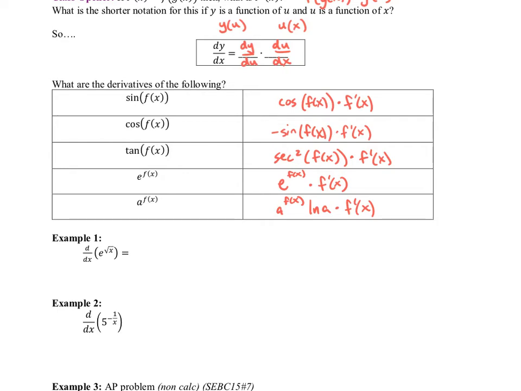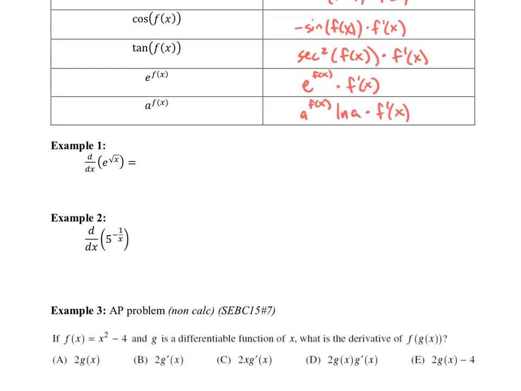Okay, so let's try example 1, where we have one of these common 5 that we've talked about so far in the previous 3 sections. We've talked about trigonometry and exponentials and powers and all that kind of stuff. So in example 1, we're going to talk about e to the power of the square root of x. It may be helpful to rewrite this as e to the x to the 1/2, just because then we can use the power rule.